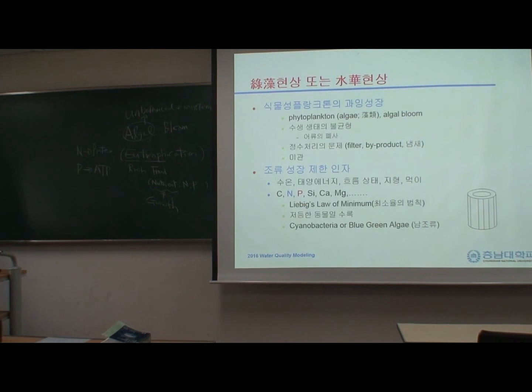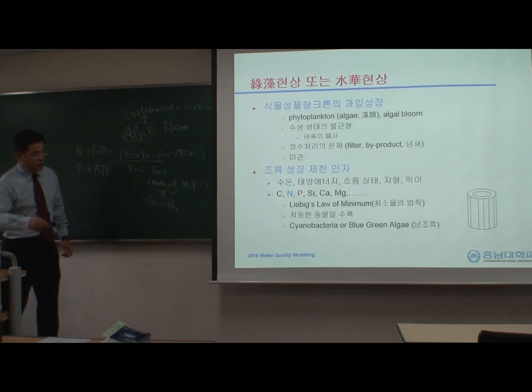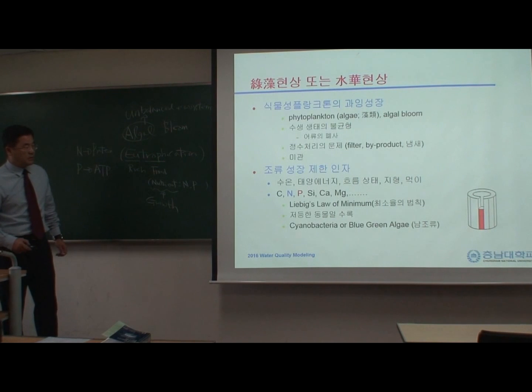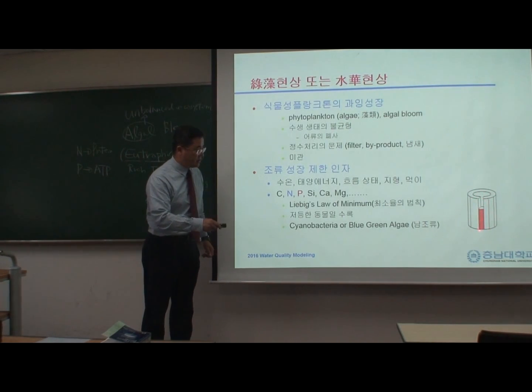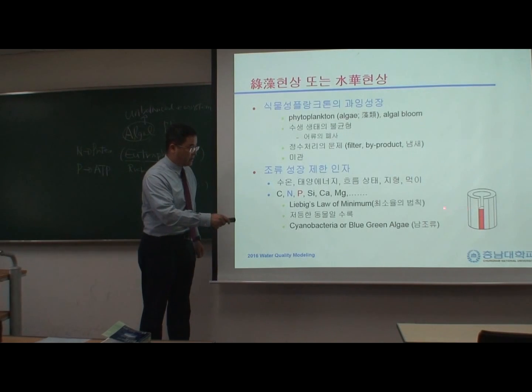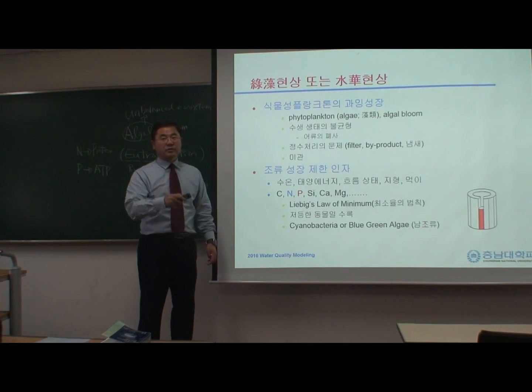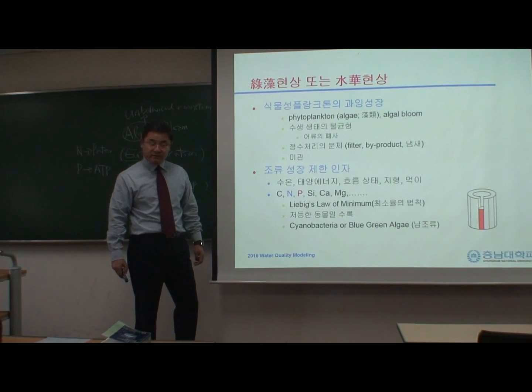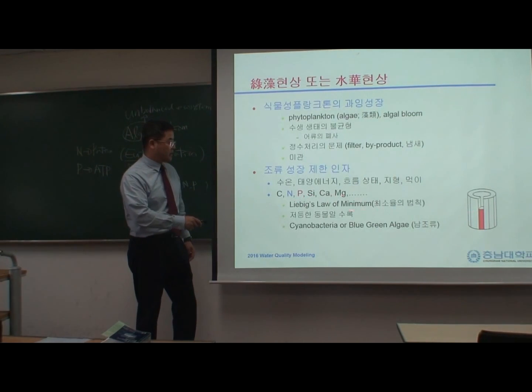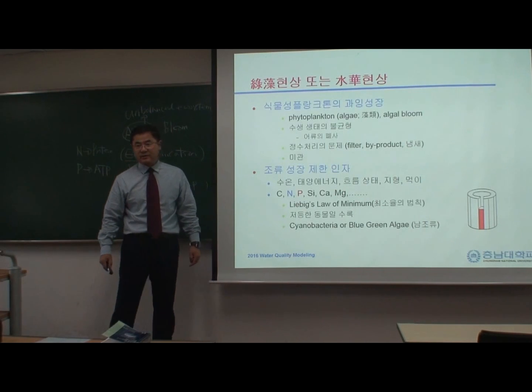So this one explains, if you have a water jar and if that is full, then your water level is going to be like that. But if you have one piece of your side that is like that, then your water level will be controlled by this level, right? So that's what this Liebig's law of the minimum says. Okay?